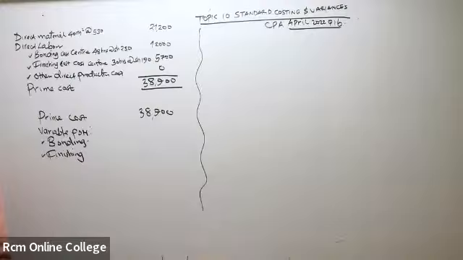We use the overhead absorption rate. We're supposed to get this cost per unit, but remember, these costs are absorbed based on labor. I mean, based on hours. But you're supposed to get the cost per unit. How are you going to address that?